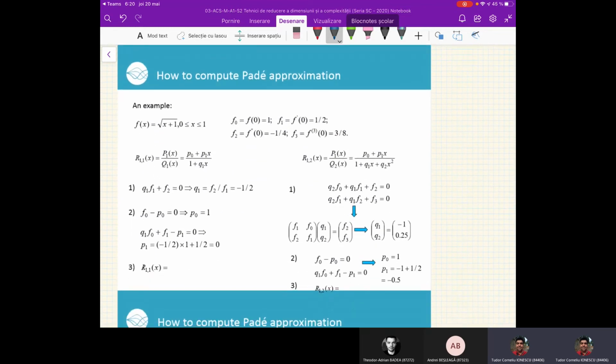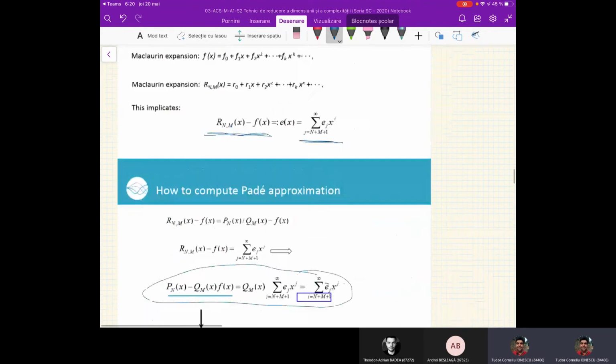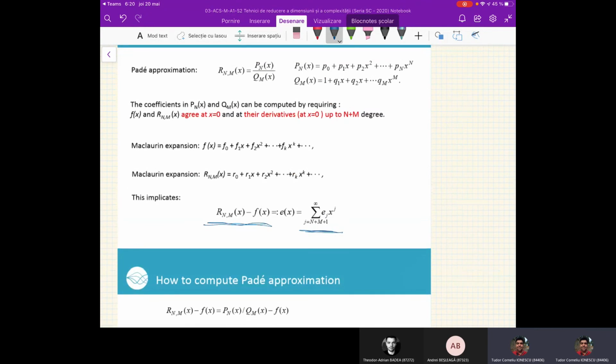Example: you have a very nice example here, which you can follow. You have this function f(x), which is square root of x plus 1, with x between 0 and 1. You compute the first coefficients of the Laurent series expansion, or Taylor series expansion, whichever you prefer.